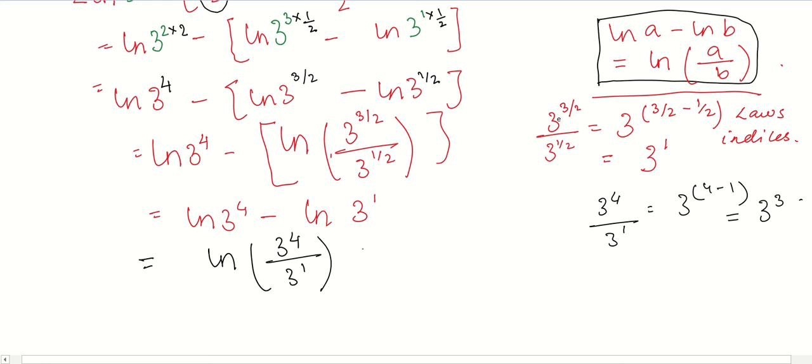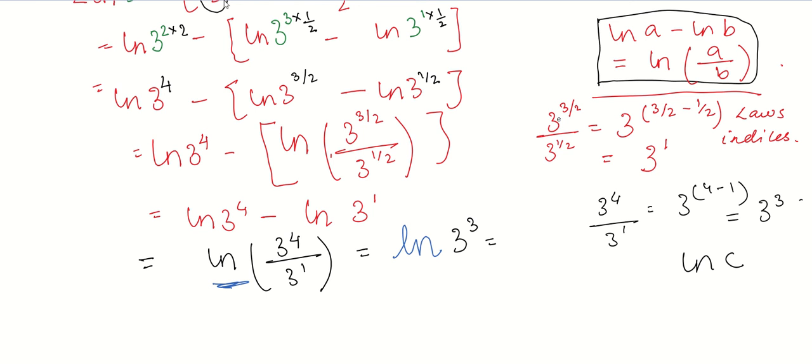Alright, so that is equal to ln 3 raised to 3. What is 3 raised to 3? The question asked us to give the answer in the form of ln c, so 3 raised to 3 is gonna be 27, so the answer will be ln 27, and this is in the form of ln c. So this is your answer.